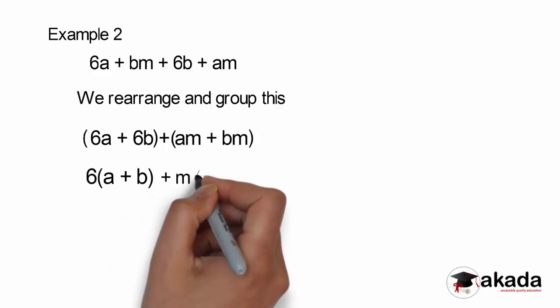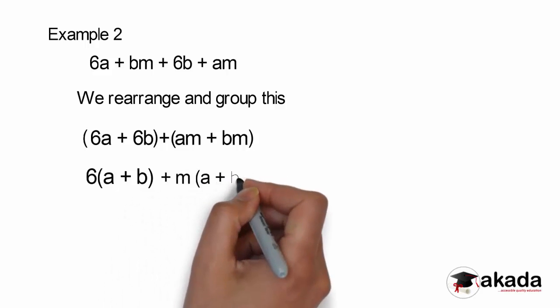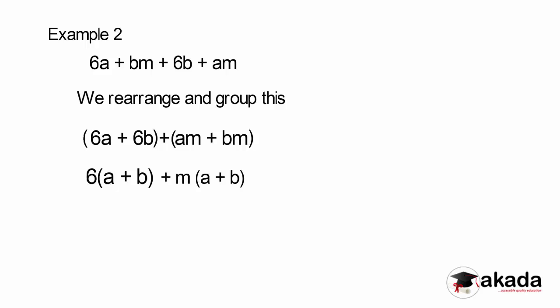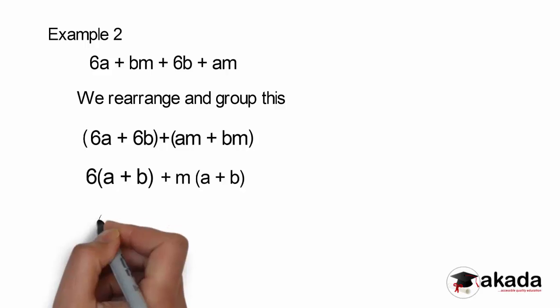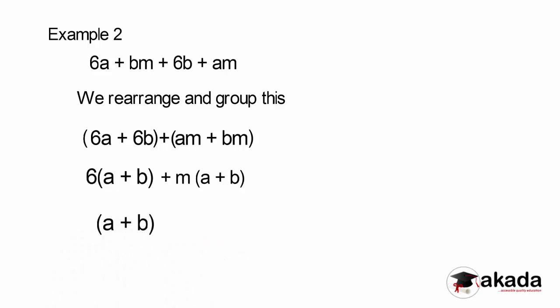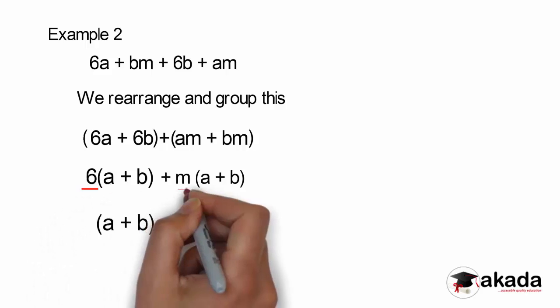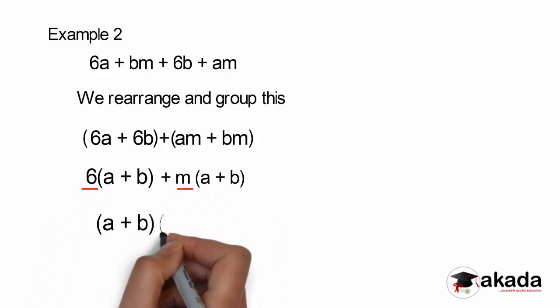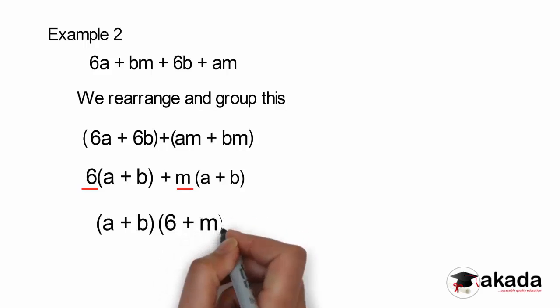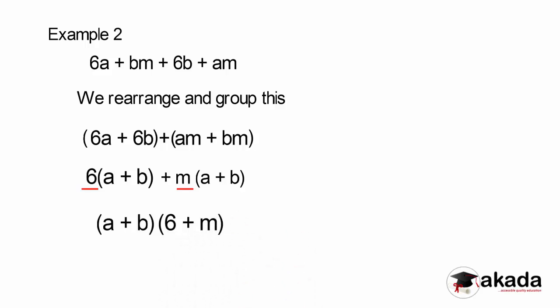Can you see that? So I'm left with (a + b) in the brackets. So here, if we check very well, now we have a + b to be common to both terms. So I'll bring out my a + b, so I'm left with 6 and plus m. Can you see? So I'll put that also in a bracket. So I have 6 + m. So I have my final answer to be (a + b)(6 + m).